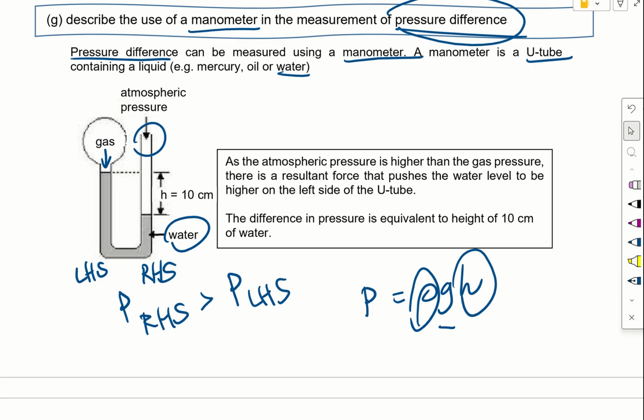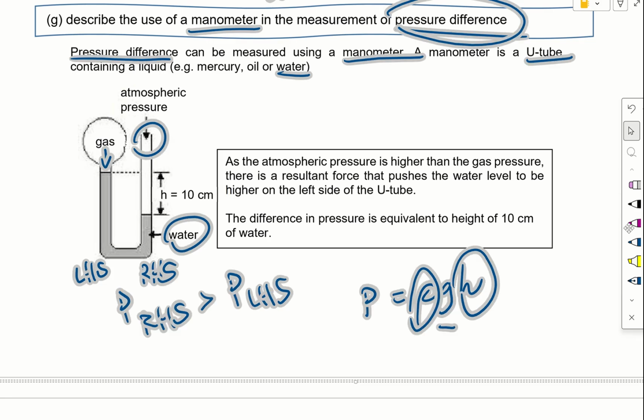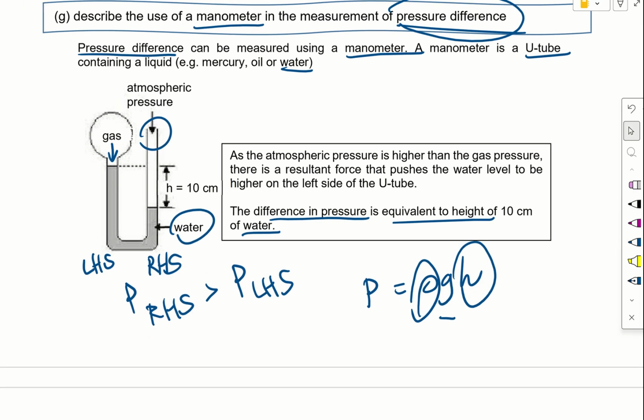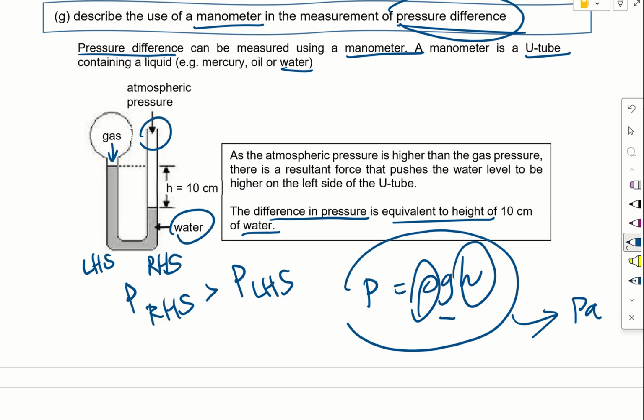Looking at this diagram, the difference in pressure is equivalent to a height of 10 cm of water. If we want to calculate in pascals, we have to use this formula and change everything to SI units. But if we just look at the diagram, the difference in height is 10 cm, so the difference in pressure is equivalent to a height of 10 cm of water.